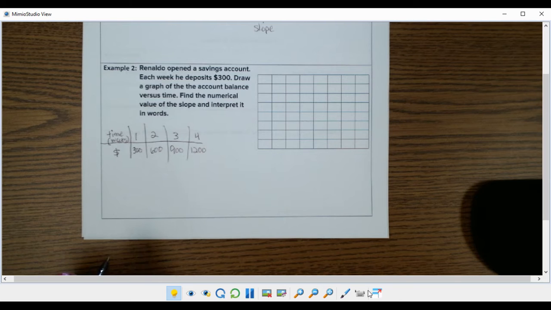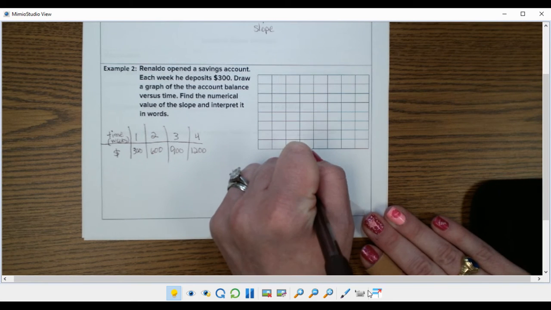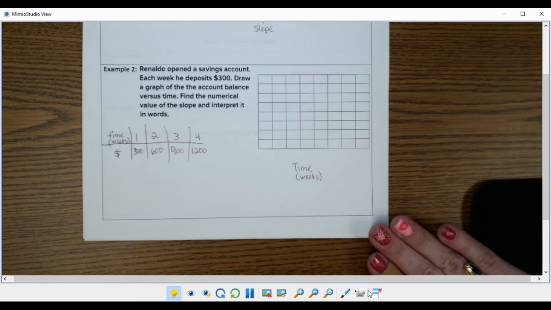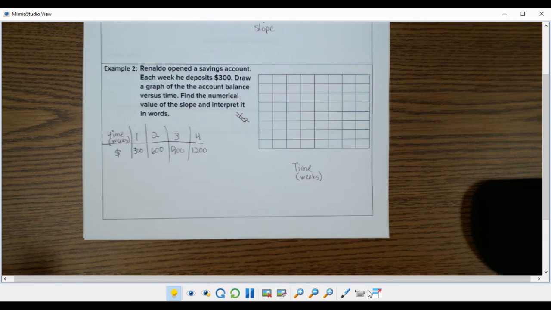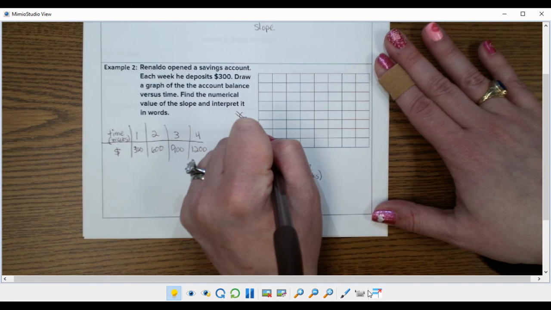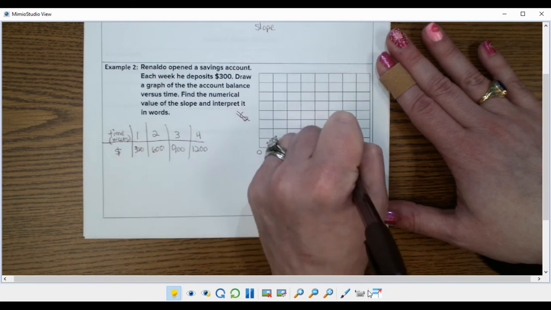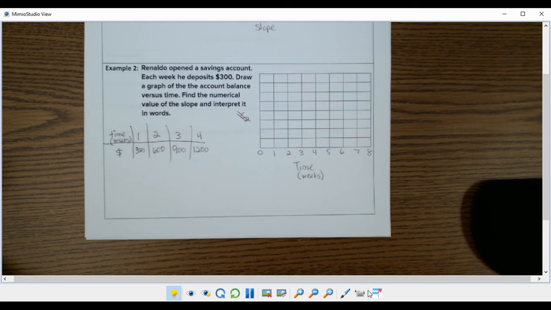Now, we have to put this into a graph. Big hint, time will always be on the X. Always. And then up the side will be his money. Now, super easy. Down here, I can count by ones. Up the side, you can pick whatever you want to count by.